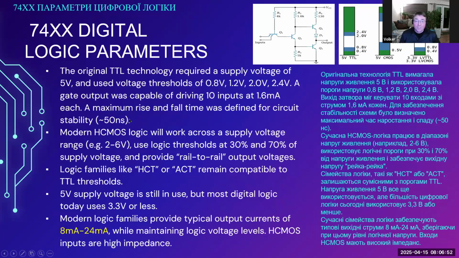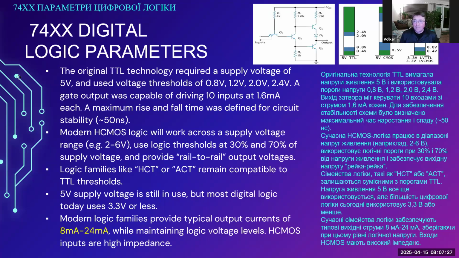The original TTL technology required a supply voltage of 5 volts and used voltage thresholds of 0.4, 0.8, 2.0 and 2.4 volts. You can see in the upper right-hand corner that image with those different vertical bars. You can see there that the 5 volt TTL line has a significant noise immunity that they tried building into the digital logic.